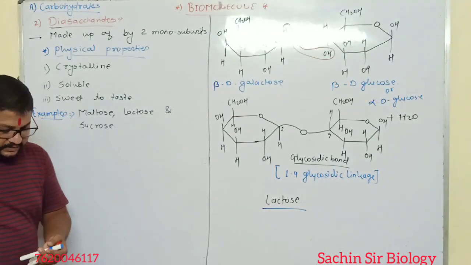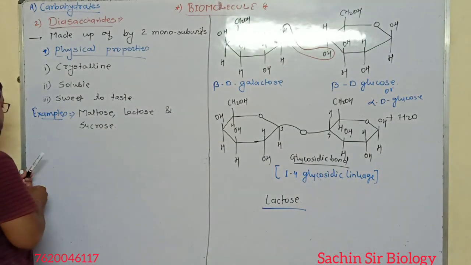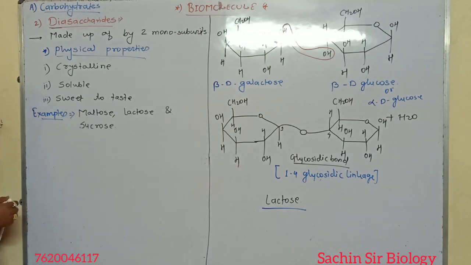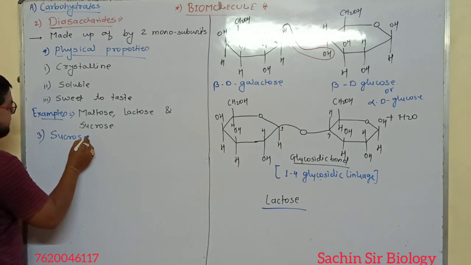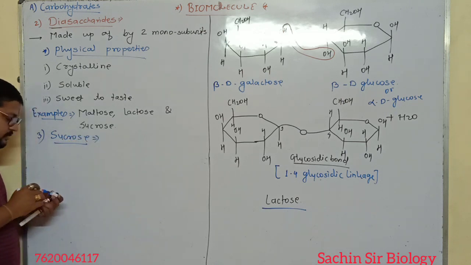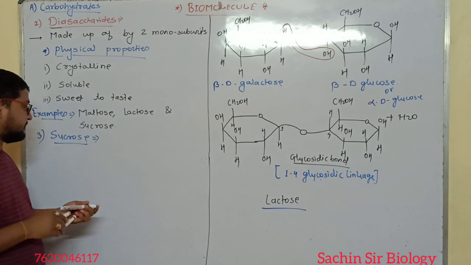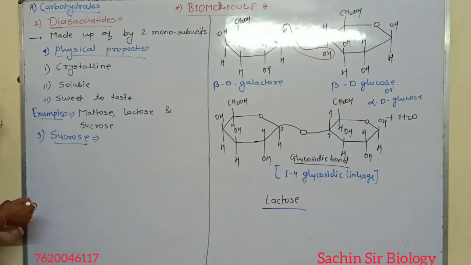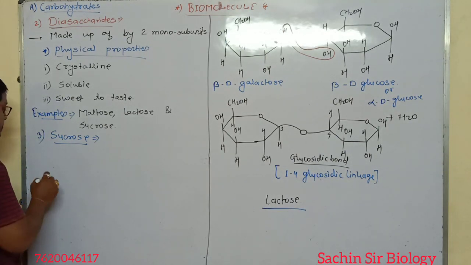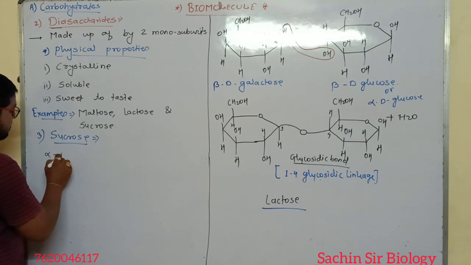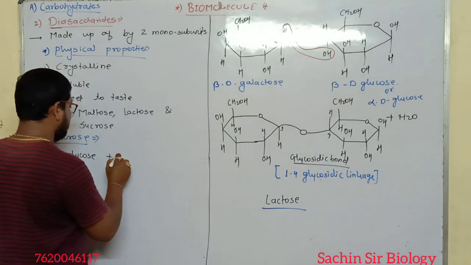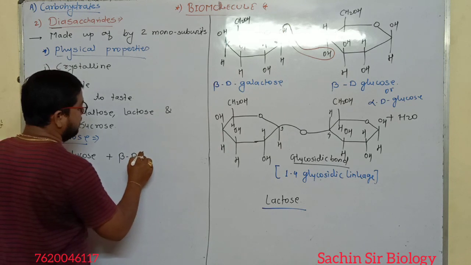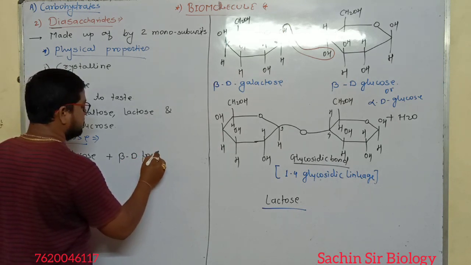Okay, that is sucrose. As you know, sucrose is called the natural sweetener. Sucrose is also a disaccharide, and it is made up of two subunits: alpha D glucose plus beta D fructose.